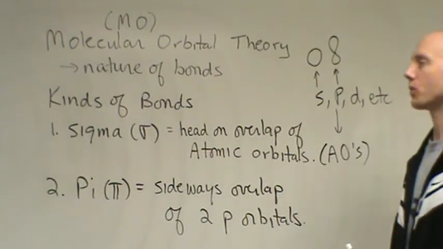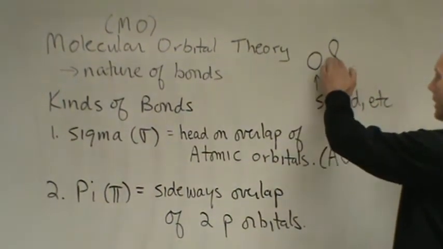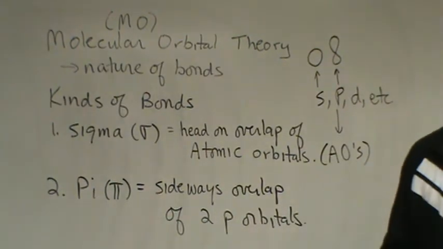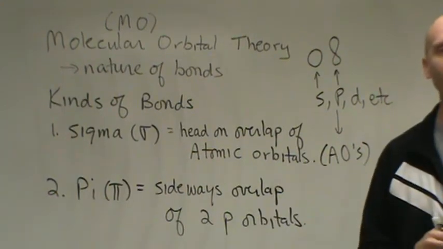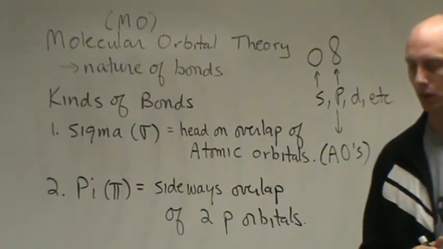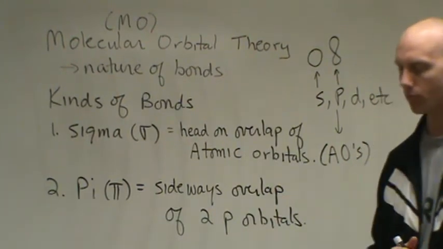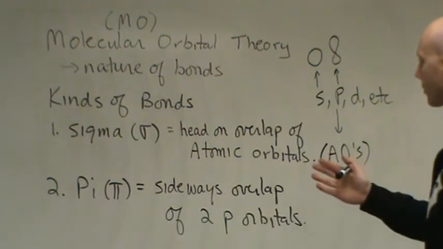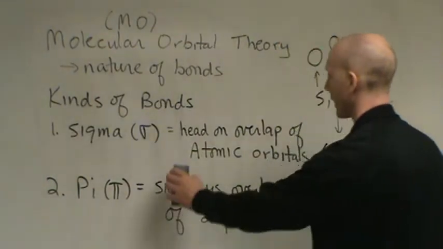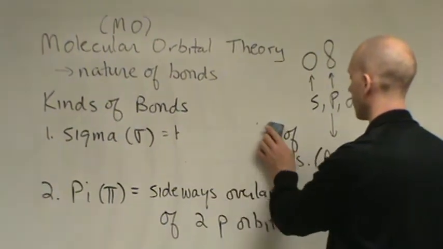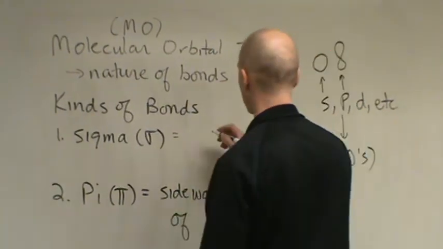So all you have to do is remember the s is a sphere and the p is this simple dumbbell shape. We're going to use only those two, but we're going to produce a lot from those two in this molecular orbital theory. So let's study, for example, what a sigma bond might be. Here it's a head-on overlap. Well, let's suppose that we had two s orbitals.